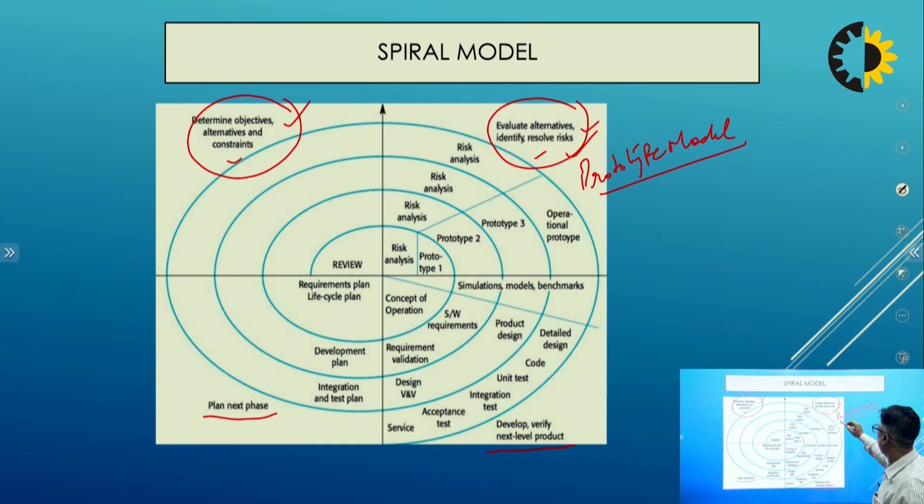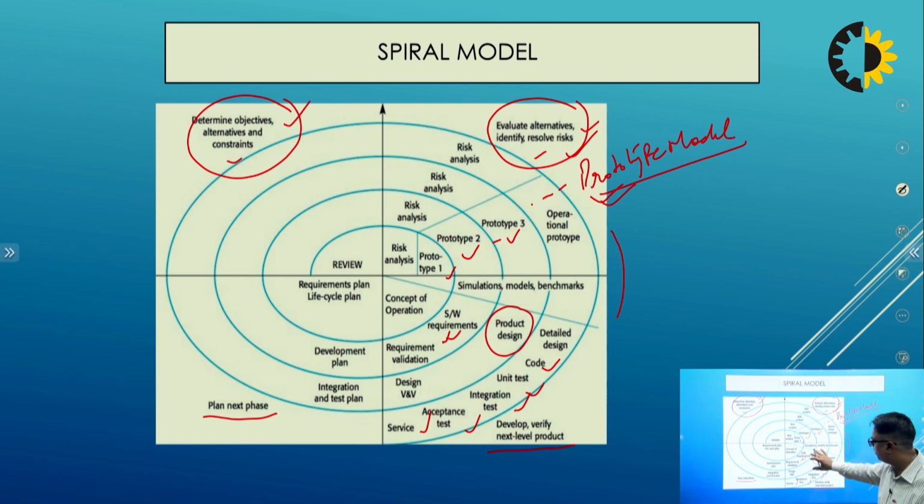And second is the prototype model. In the second phase, we use prototype 1, prototype 2, prototype 3 and so on. So it is a combination of the prototype model and the iterative waterfall model. In the third phase, after completion of the prototype model, we have software requirements, requirement validation, product designing, coding, unit testing, integration testing, acceptance testing and service testing.